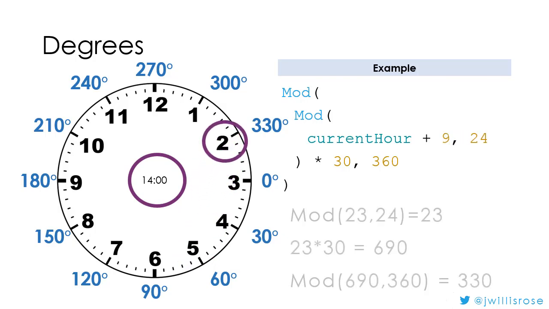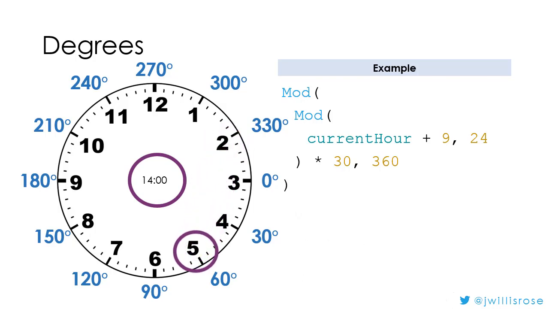So we compensate by adding 9 to the current hour to get the hour hand to appear at 330 degrees. Mod 23 24 equals 23. 23 times 30 equals 690. Mod 690 by 360 equals 330, which is 2 on the clock. So you're probably wondering, where does the 9 come from?